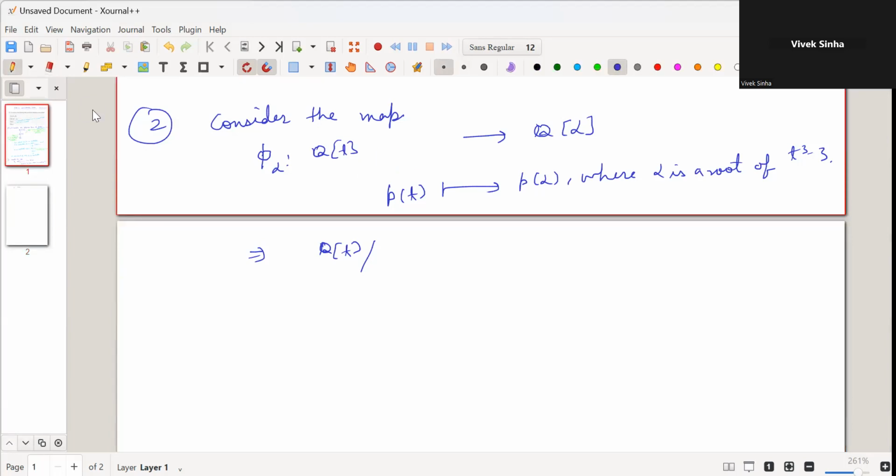So just p(t) to p(alpha), if we send the map, then this implies the kernel of this phi alpha is what? The kernel contains polynomials.